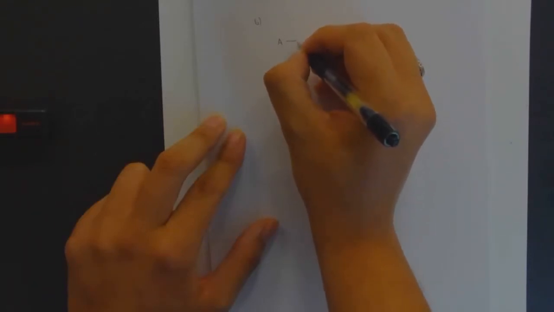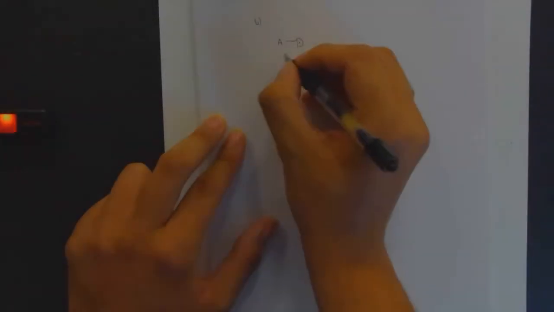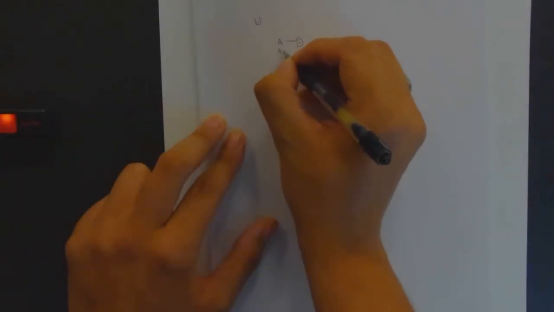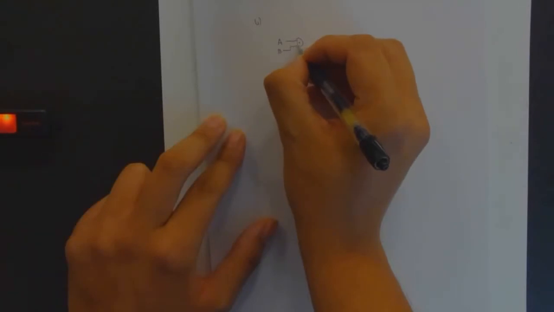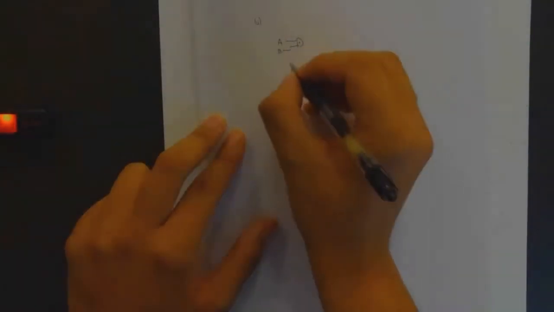So we have input A. I just love making it easier for myself, right? Don't choose the easy way.